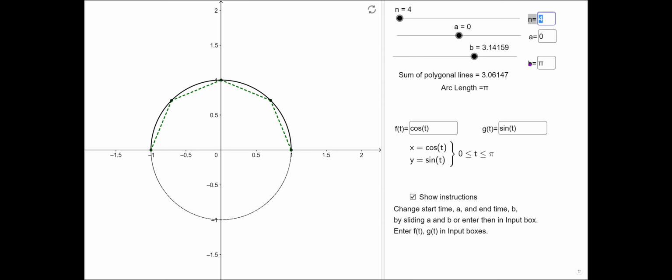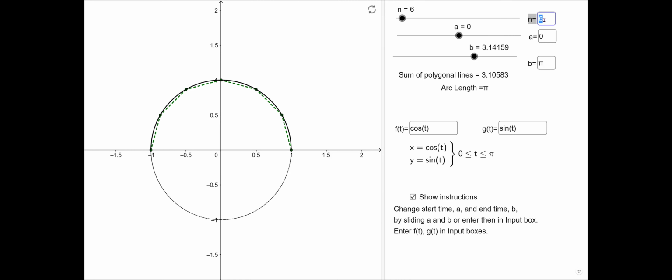And you keep going like that. If you go to, say, 6, and you add up the lengths of the 6 line segments, then you get a pretty good approximation of your arc length.